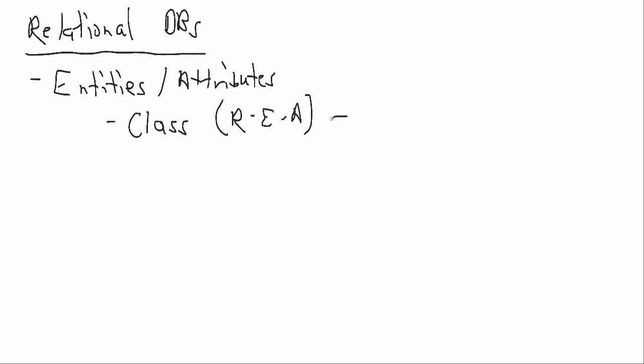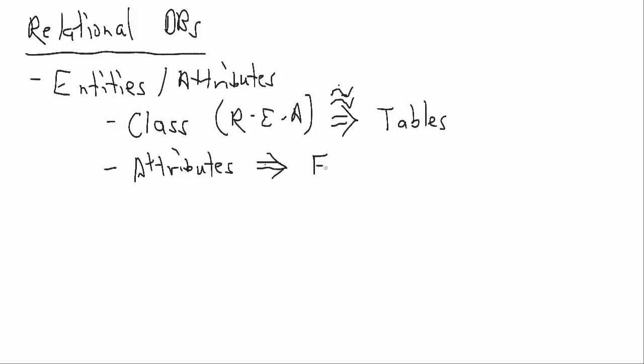So the class, for the most part, becomes the tables. The attributes are going to lead us to the actual fields in those tables. And in true database lingo, you might hear these called columns.